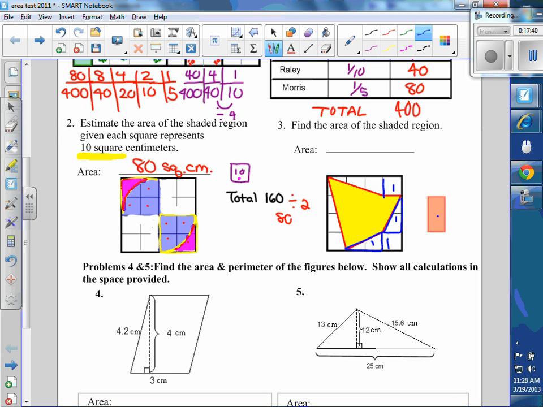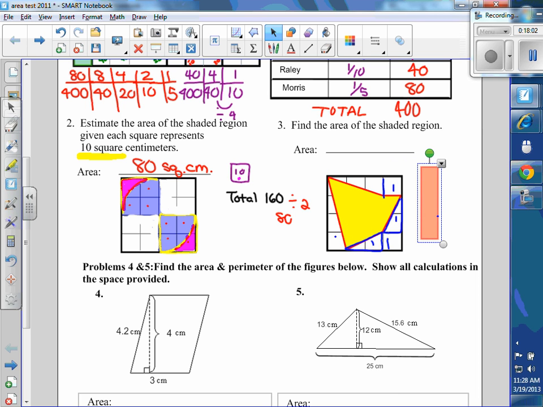1. But now we have a bigger triangle, right? 2 bigger triangles like this one. So we need a bigger rectangle. So we're going to take this rectangle and stretch it out. And how big is that rectangle? 4 units, right?